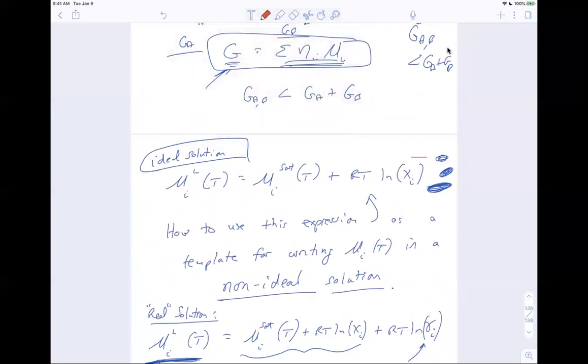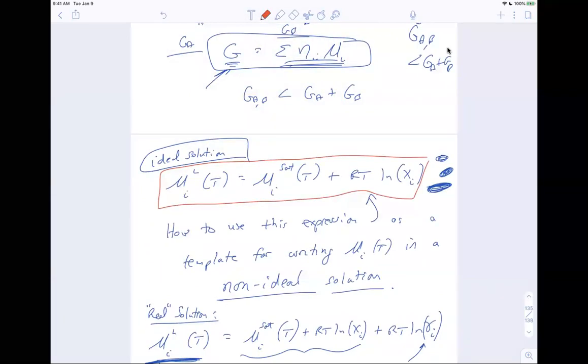We saw that the chemical potential for an ideal solution, which is a mixture of various liquids, and the ideality means that the interactions are all equivalent between species, has this form of the chemical potential for a species I in that mixture.